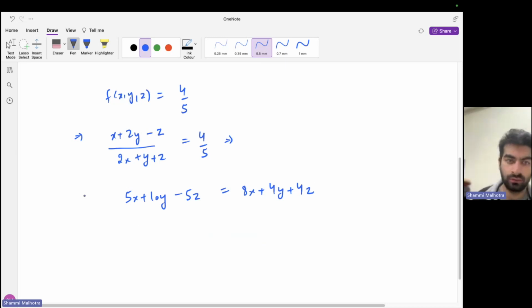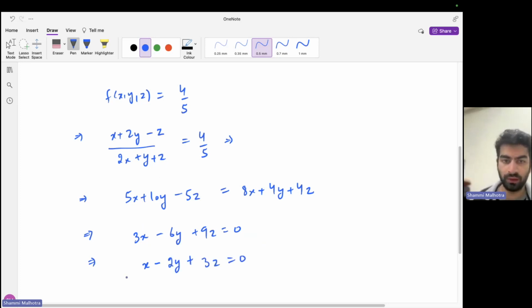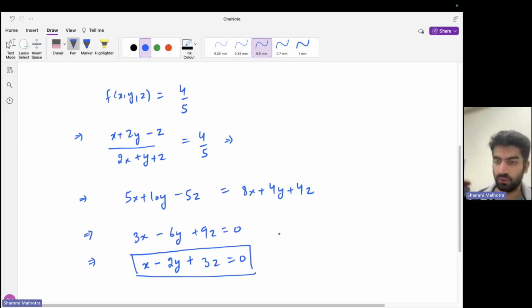Taking the terms to one side, I get 3x minus 6y plus 9z equals 0, which is the same as x minus 2y plus 3z equals 0. So this is the corresponding level surface passing through the point (1, 2, 1).